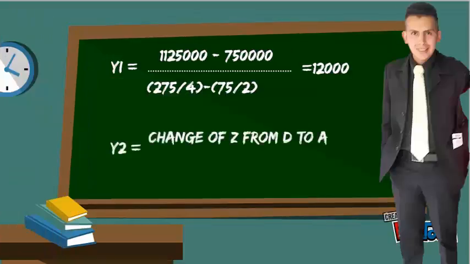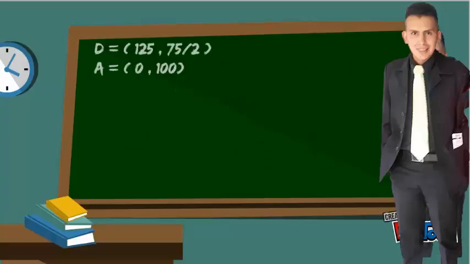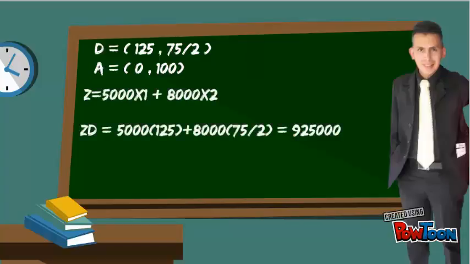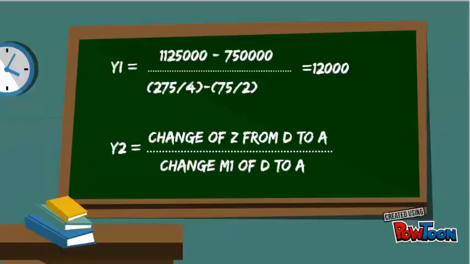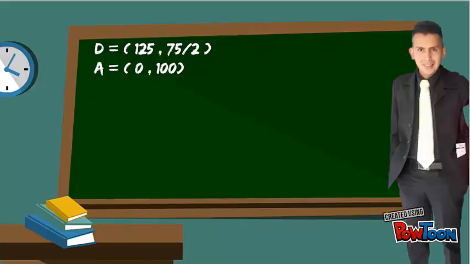Y2 equals the change of C from D to A divided by the change in M2 from D to A. Substitute in the objective function of the problem.